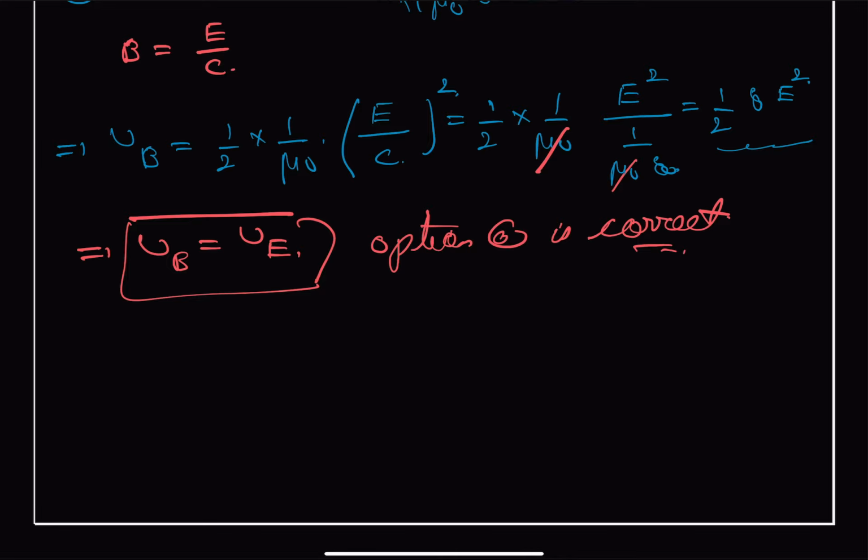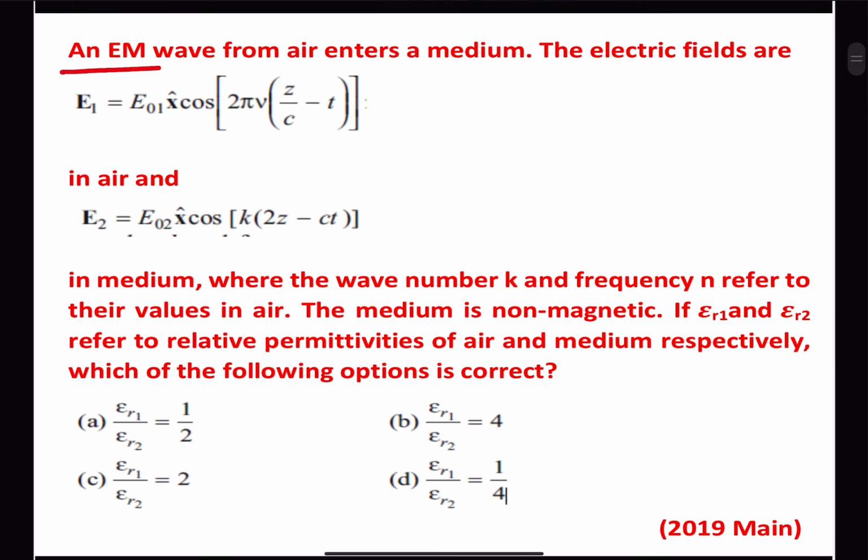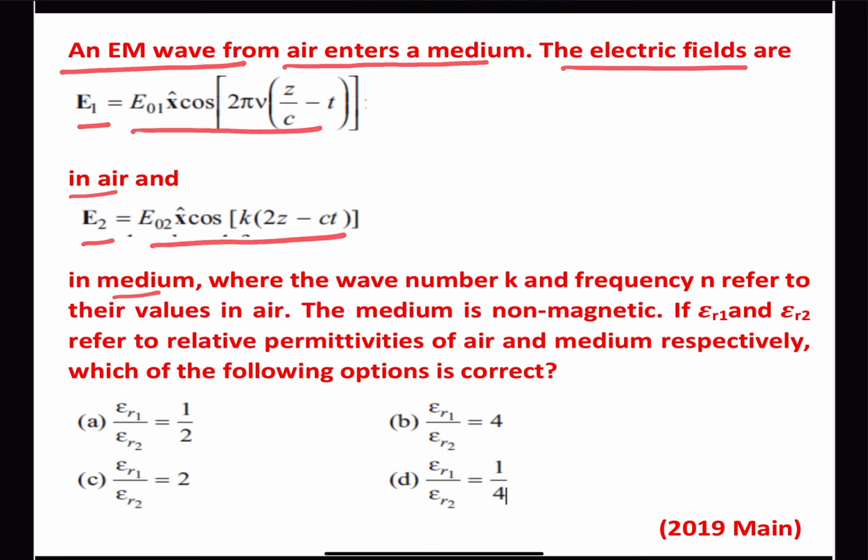Next question. We are given an EM wave from air that enters a medium. The electric fields are E1 governed by this equation in air and E2 governed by another equation in the medium, where the wave number k and the frequency, it should be actually nu, not n, this should be our nu, refer to their values in air.